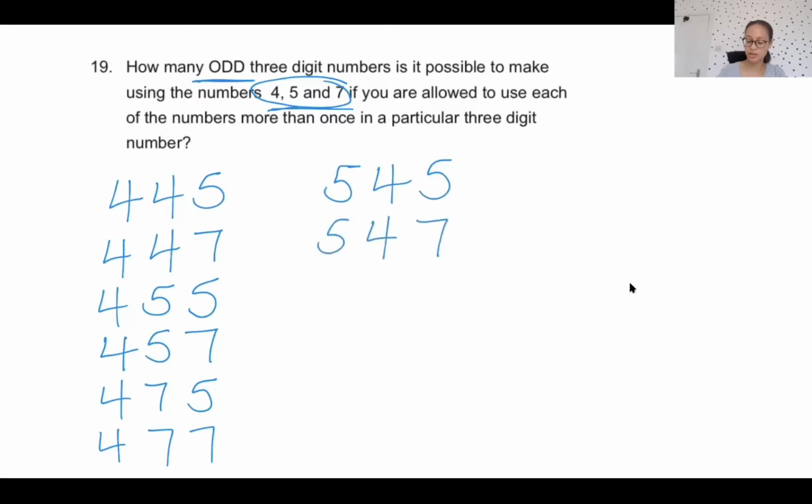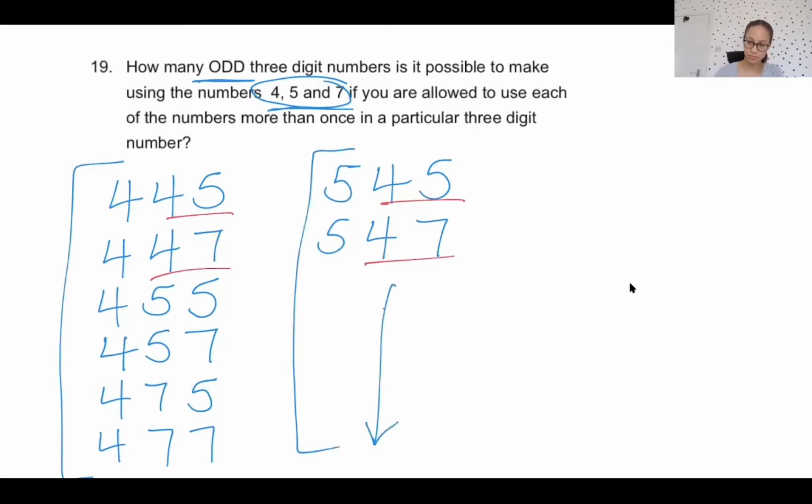But hold on a second. This is starting to look familiar. So you see how the 10s are the same as in the 400s. And that's going to continue in that order. So if we had 6 numbers in the 400s, then we will have 6 numbers in the 500s as well.